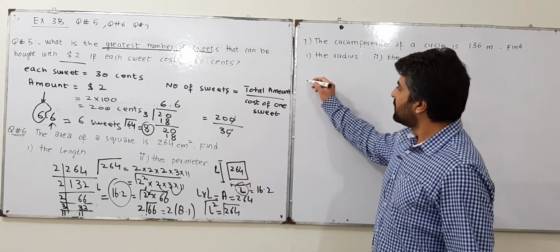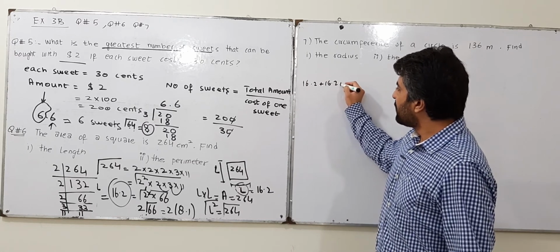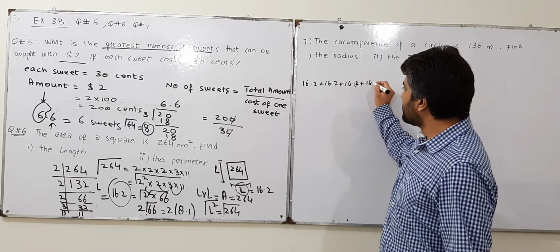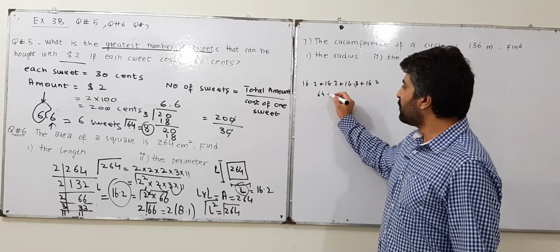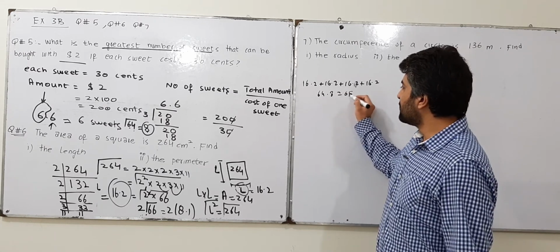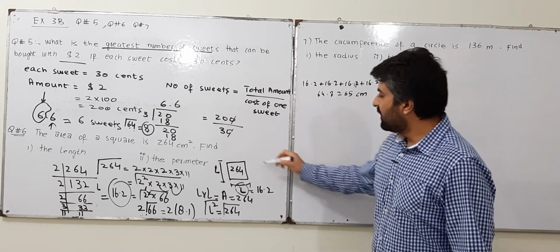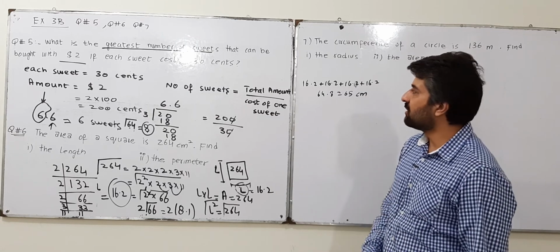In other words, you have to add 16.2 four times, because a square has all sides equal. When you add this, it becomes 64.8, which is approximately 65. This is the perimeter, adding all the lengths of the square gives you the perimeter.